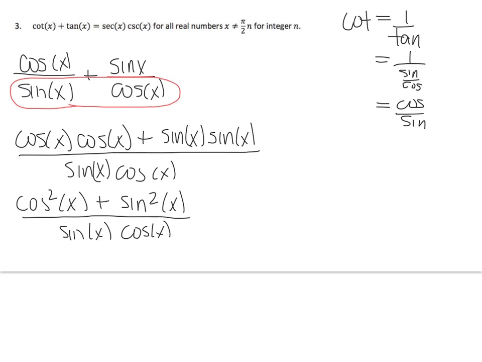Now we know that this numerator is part of the Pythagorean identity. So I can substitute 1, get my pen back, 1 over sine x cosine x.